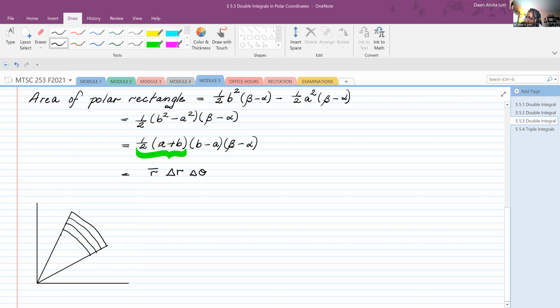So now I have all of these little pieces, and the R goes like that, it goes like that. So all of these are polar rectangles.